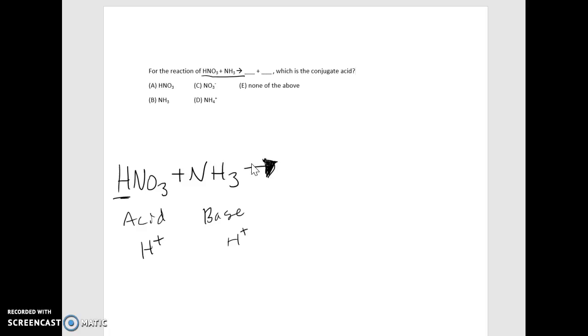So since HNO3 is going to donate a proton, or an H+, to NH3, this is going to end up giving us NO3 minus, or nitrate, plus NH4 plus, or ammonium.